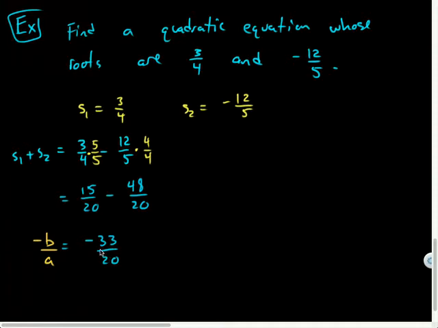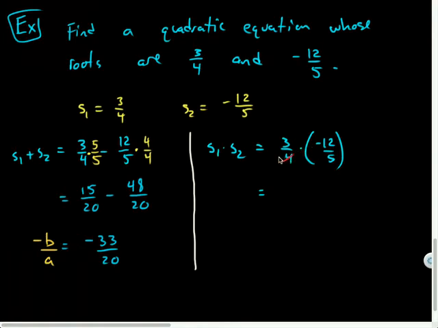Now we're going to multiply S1 times S2. Let's find their product as well. Multiplying is easier than adding in the case of fractions. I'm going to cancel some stuff out.